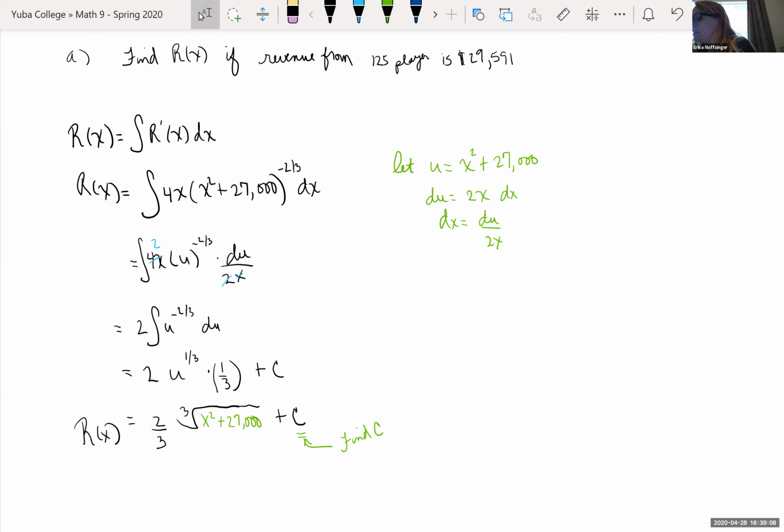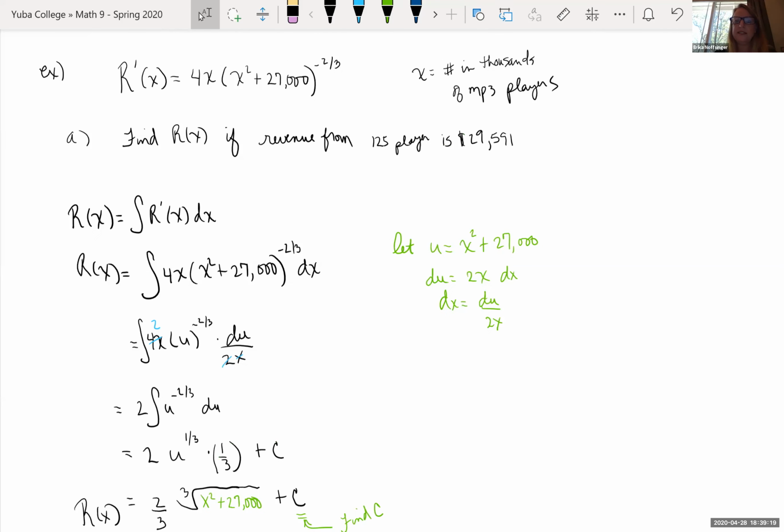So the marginal revenue is in thousands of dollars from the sale of x MP3 players. So I kind of think I wrote that down wrong. x is equal to the number of MP3 players, and R of x is in thousands of dollars.